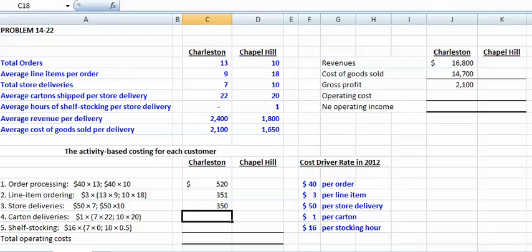For carton deliveries, it costs us $1 per carton, and then we're going to need to multiply that by the number of store deliveries and the number of cartons per delivery. Finally, for shelf stocking, we have a cost of $16 per hour times the number of deliveries times the hours spent per delivery.